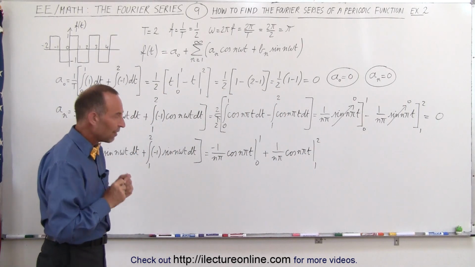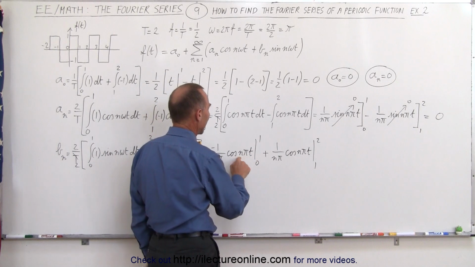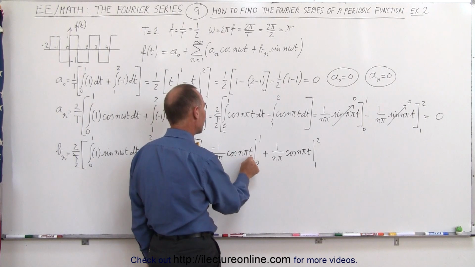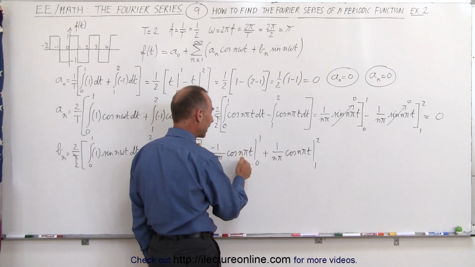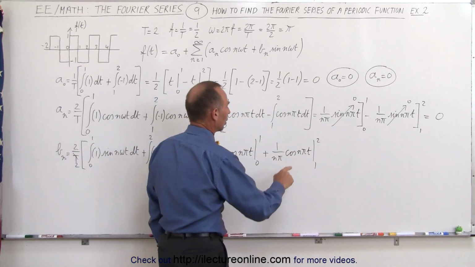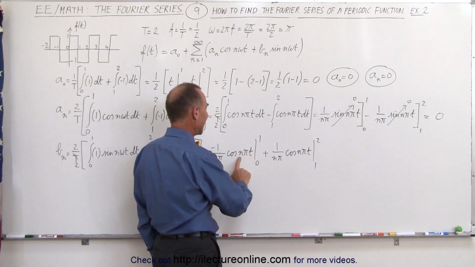All right, how do we evaluate those? Well, if we plug in the upper limit, we get n times pi. If n is odd, we get cosine of pi times t, which is negative 1. And then when we plug in the lower limit, we subtract minus a positive 1, we get negative 2. Over here, well, that's only true when n is odd.